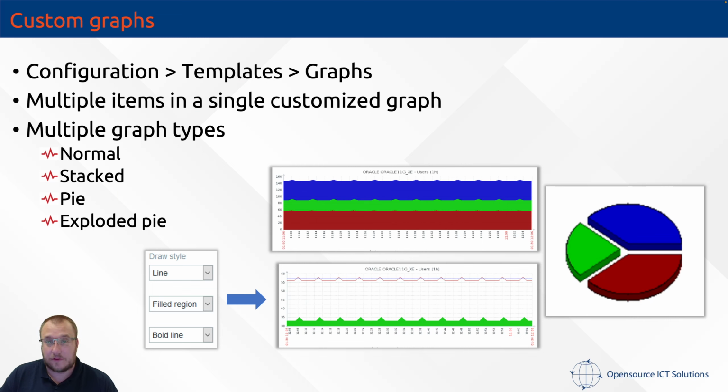So you go to configuration, then templates, graphs, and from there you can configure multiple items in a single graph with a different representation. We can show it as a normal or a stacked graph, but also as a pie or an exploded pie. And then for all these items, we can select different drawing styles as well. So we got quite a flexible setup.